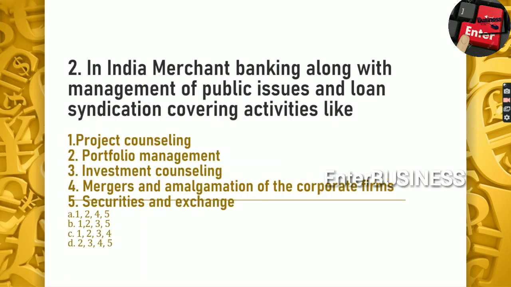And the next one is, in India, merchant banking along with the management of public issues and non-syndication covers activities like: first, credit counseling; second, portfolio management; third, investment counseling; fourth, mergers and amalgamation of corporate firms; and last, securities and exchange.